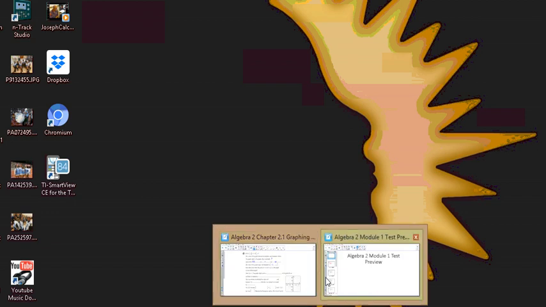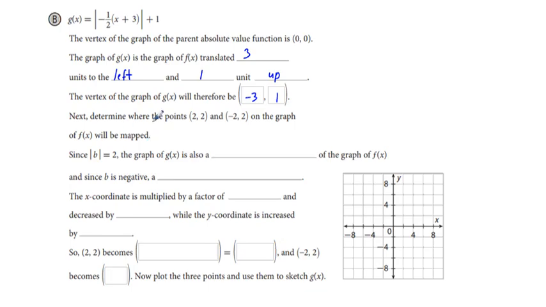Let's go ahead here. This next, determine where the points 2, 2 and -2, 2 on the graph of f of x will be mapped. Well, here's our vertex according to this one here. We went 3 to the left and 1 up, so that's where our vertex is going to be. And then we have this -1/2.